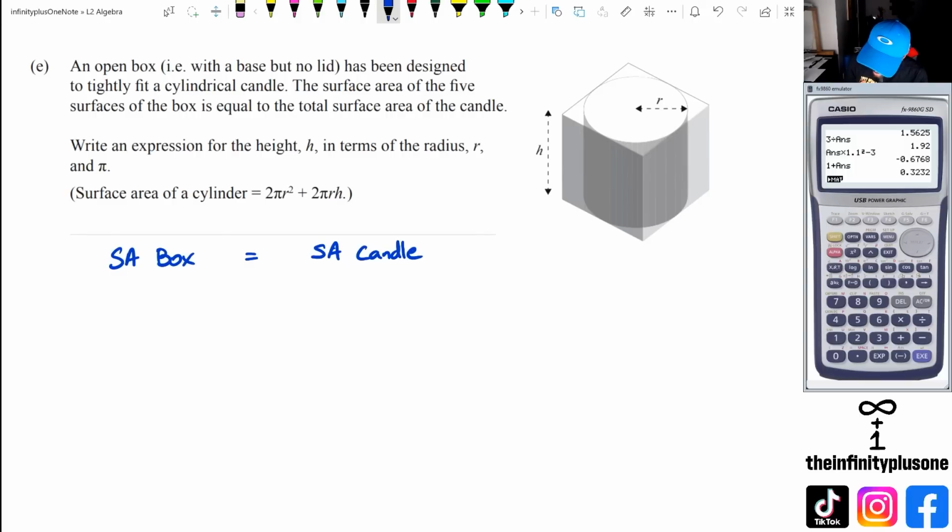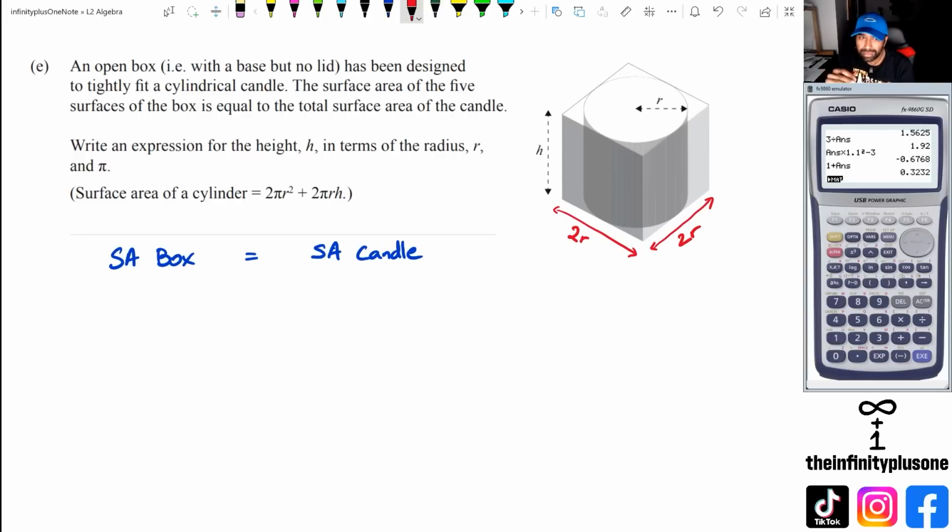Now, surface area of box, a couple of things to consider. The first thing is the distance from here to here. Because r is from the center of the cylinder to the edge, this is going to be 2r, and from here to here is also going to be 2r.